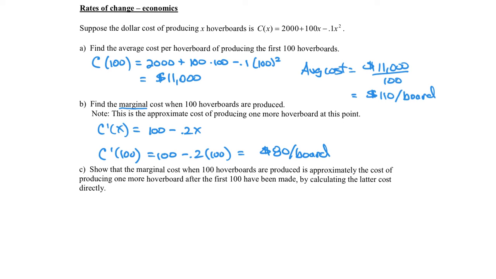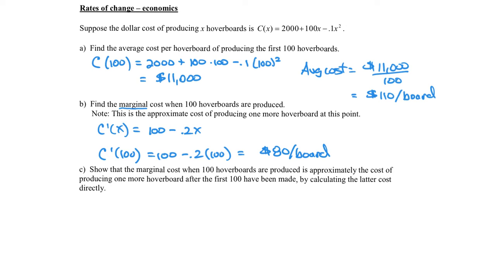And now we're asked to show that the marginal cost when 100 hoverboards are produced, which is what we just found, is approximately the cost of producing one more hoverboard after the first 100 have been made, by calculating the latter cost directly.